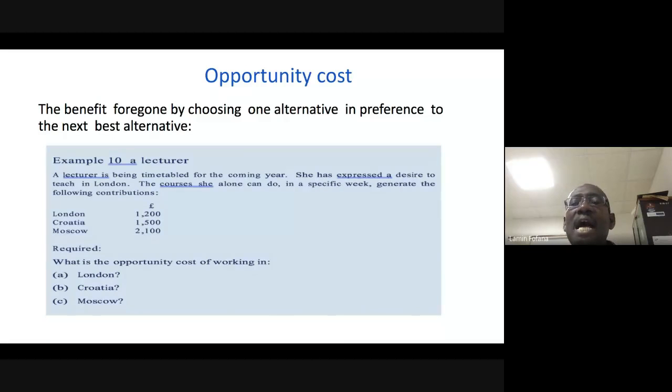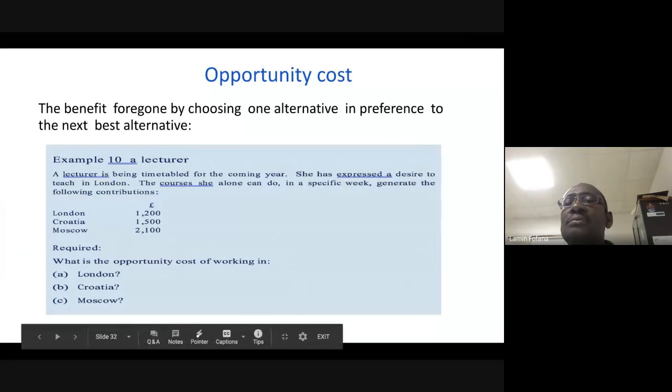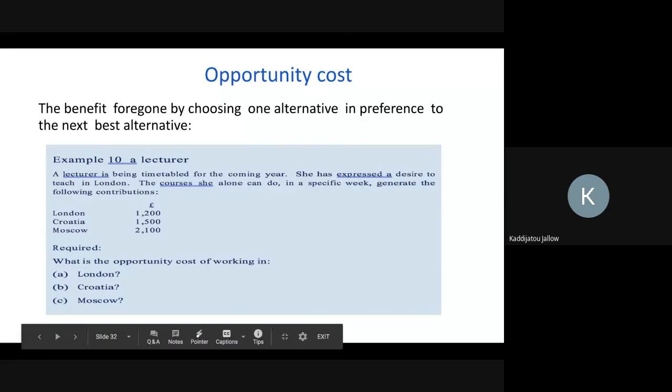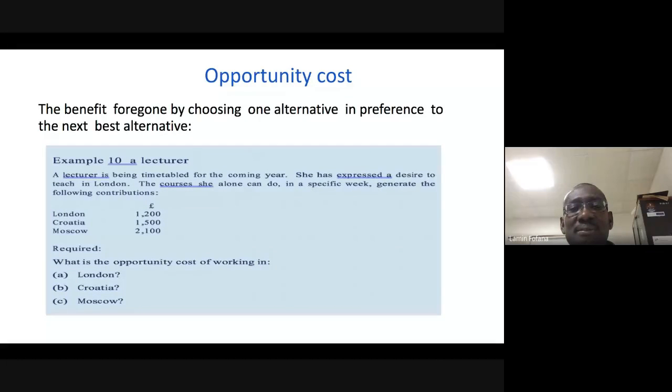So what's the opportunity cost if the lecturer lectures in London? Is the baby trying to answer the question?